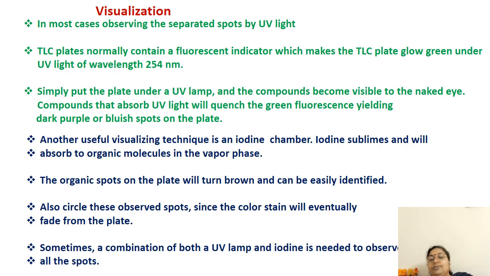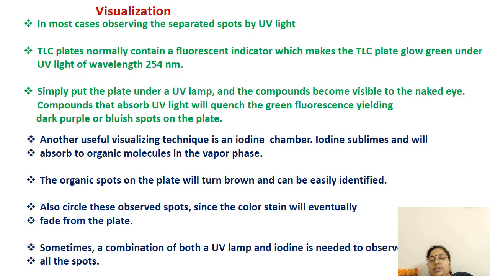Another method for visualization is an iodine chamber. You have to keep your plate after developing and drying inside a closed chamber and put some iodine crystals inside that. Iodine sublimes and will be absorbed by the organic molecules in its vapor phase. So the organic spots on the plate will turn brown and hence can be identified easily.